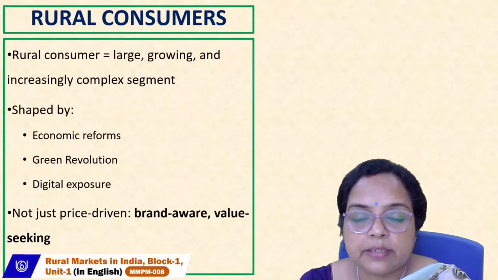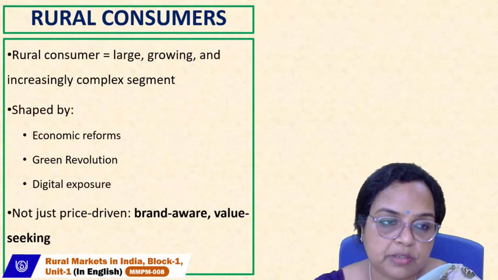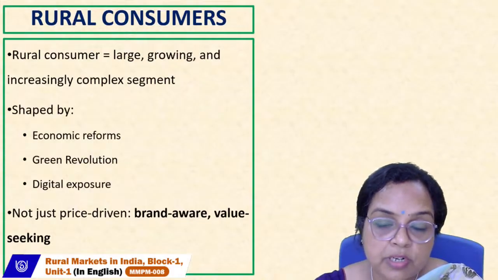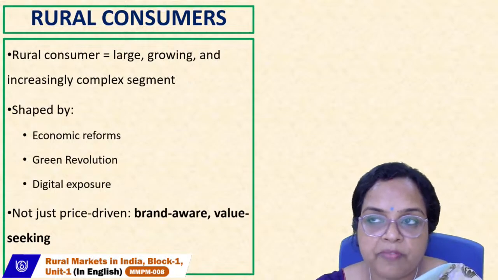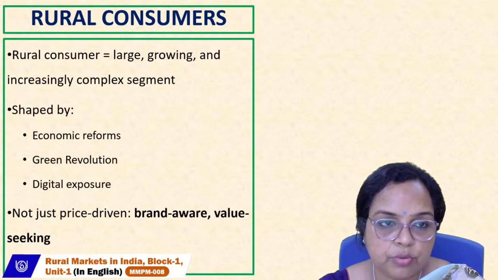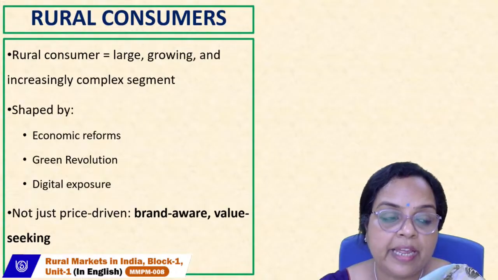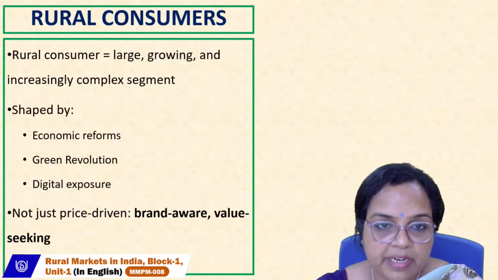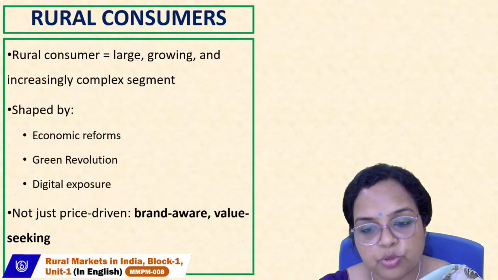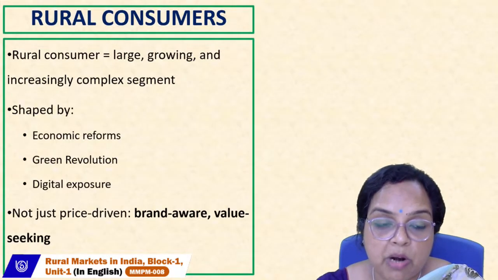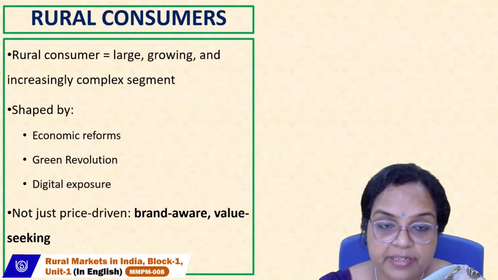Then understand who is a rural consumer. A consumer is a person who consumes the product. He may be a customer, he may buy it or not, but finally he consumes it. Rural consumers are slowly getting larger day by day, and they are an increasingly complex segment because social media is entering and smartphone use is on the higher side.